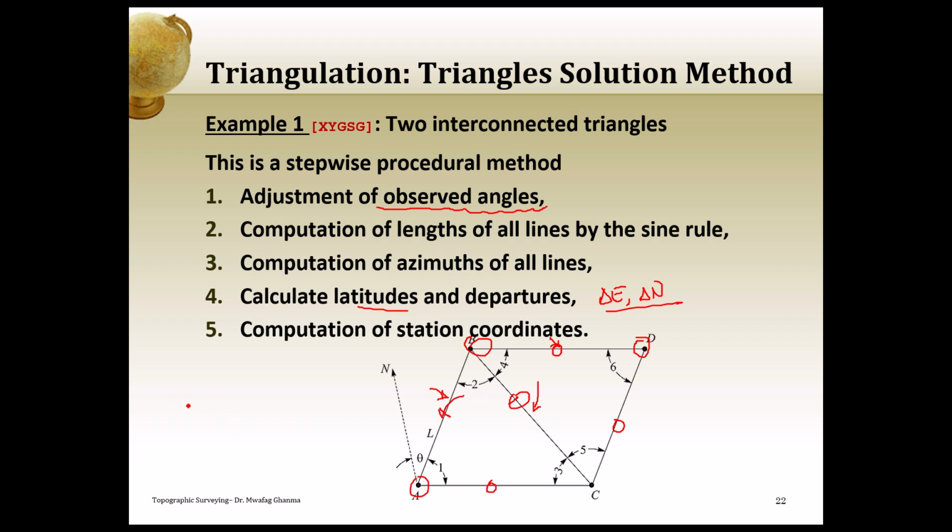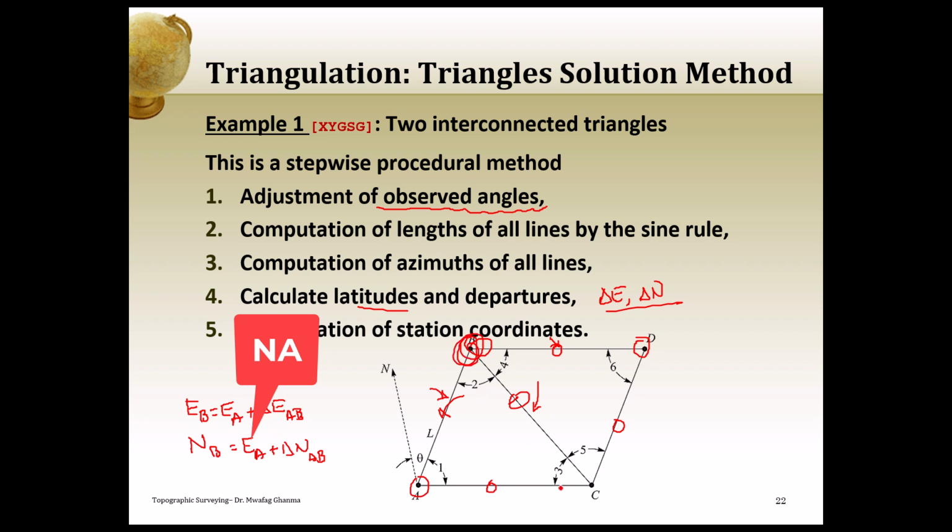For A, the easting of point B equals the easting of point A plus the departure, delta E between A and B, which we already calculated. And the same thing, the northing of point B equals the northing of point A plus delta N, the latitude of line AB.